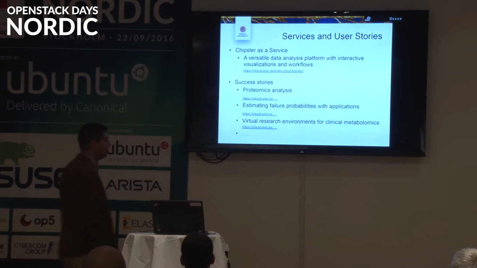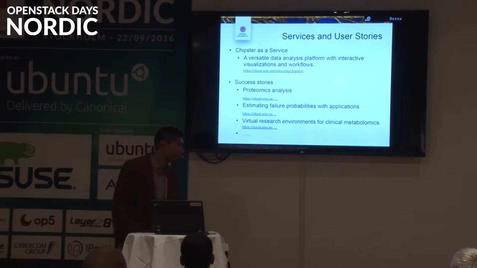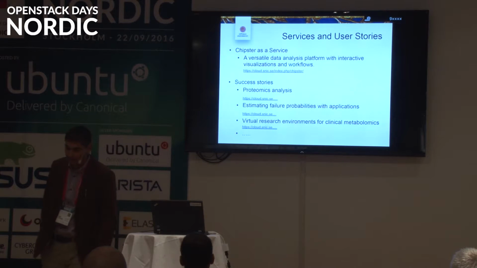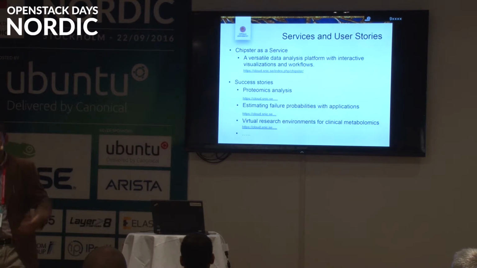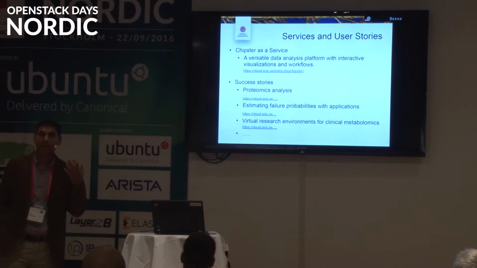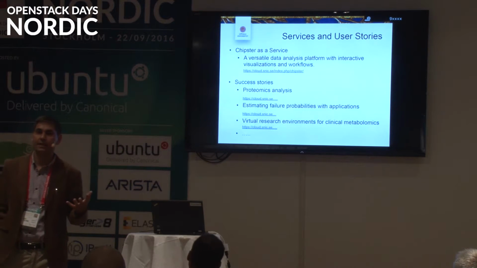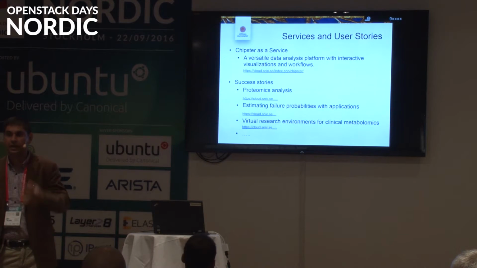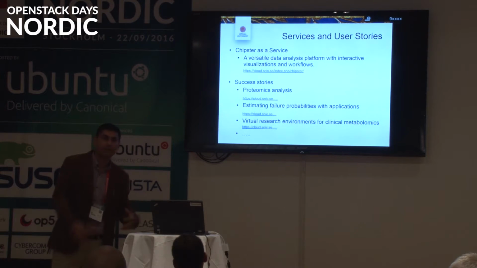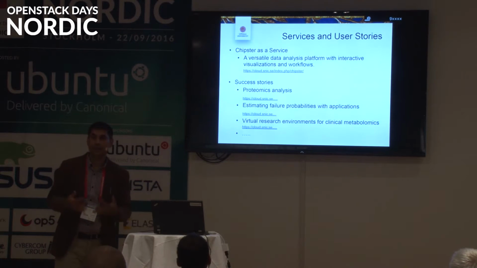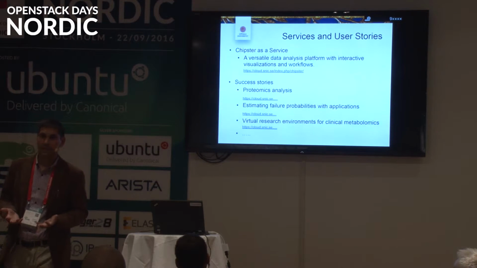And then this research environment for clinical metabolomics. So with all these things, we started to get this response that, okay, this is something that is interesting, and people would like to use these kinds of resources, though they are a bit skeptical about how things are actually happening. But what you can see here, it's mostly the scientific workflows that are working.